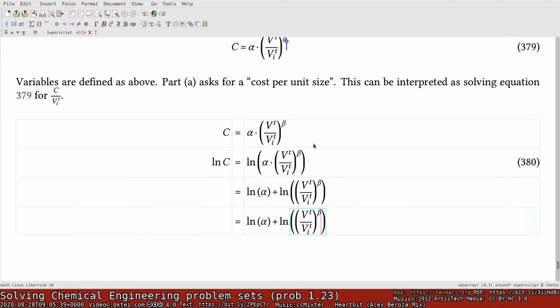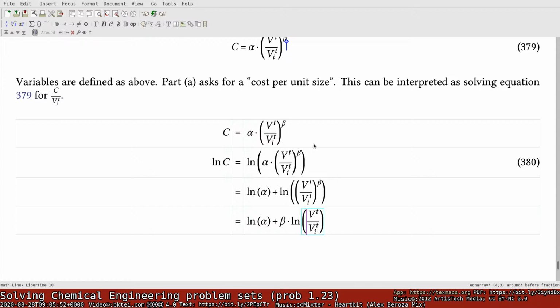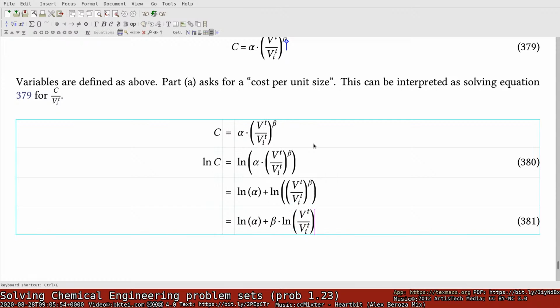Let's see if we can break this up here. I think that's still the same.